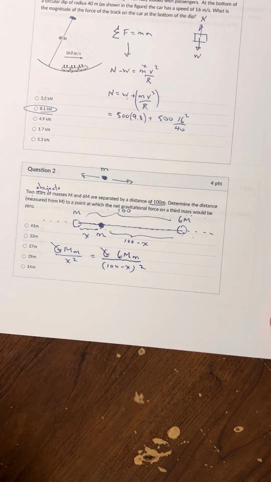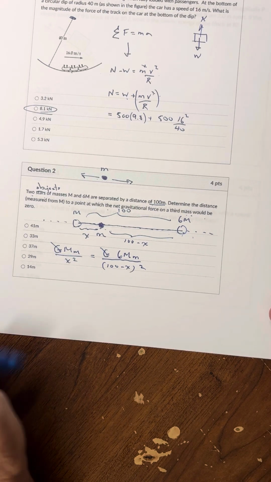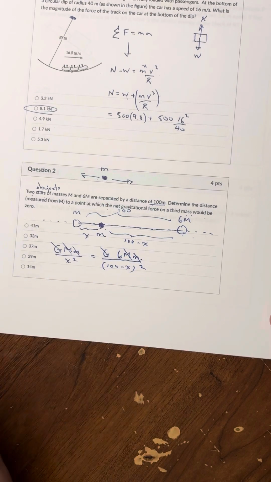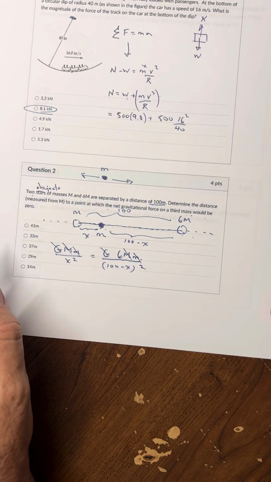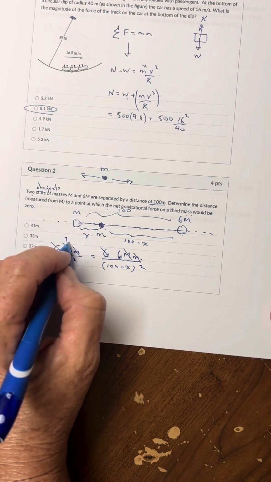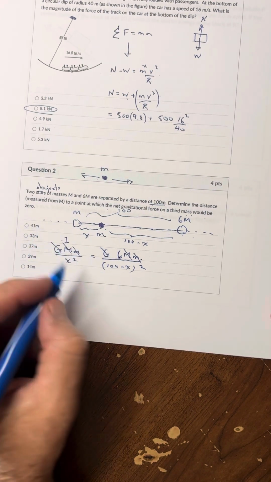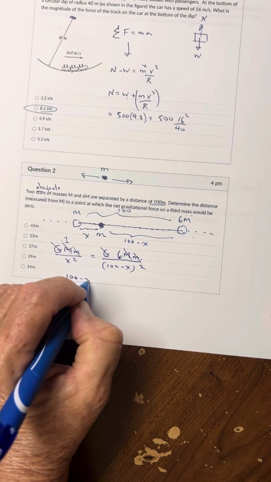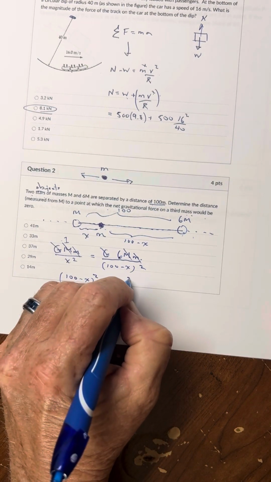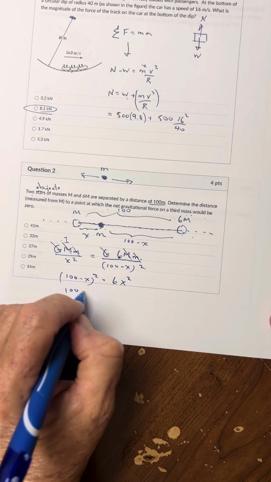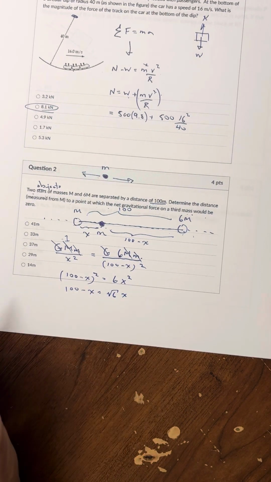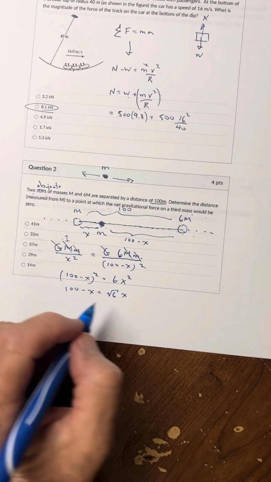Given that there is the universal gravitational constant on each side, I can cancel those. I can also cancel the big M and the little m. We're only left with a 6 over here and, well, a 1 over here. So if we cross multiply, this becomes 100 minus x squared, and this becomes 6x squared. Taking the square root as we try to solve this gives me root 6 x.